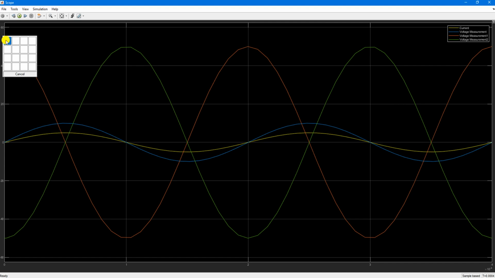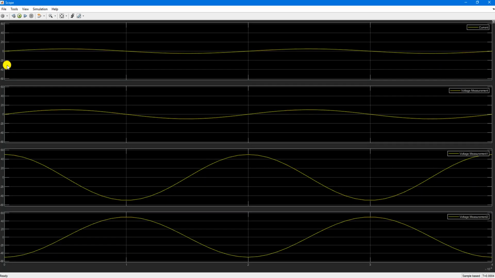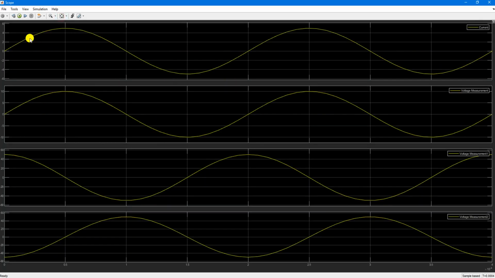Would you like to see them side by side, or under each other? I would like to see them under each other, so 1 2 3 4 like this. Then click. As you can see here, each signal is alone.